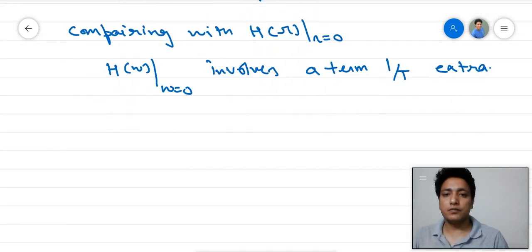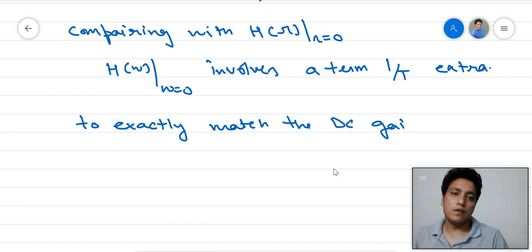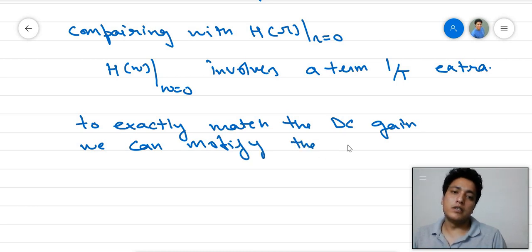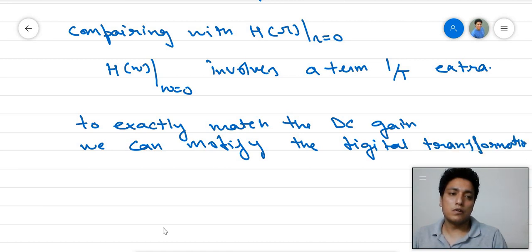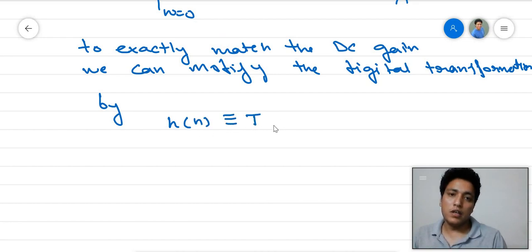To exactly match DC gain, we can modify the digital transformation by h n equals to t into h a n t.